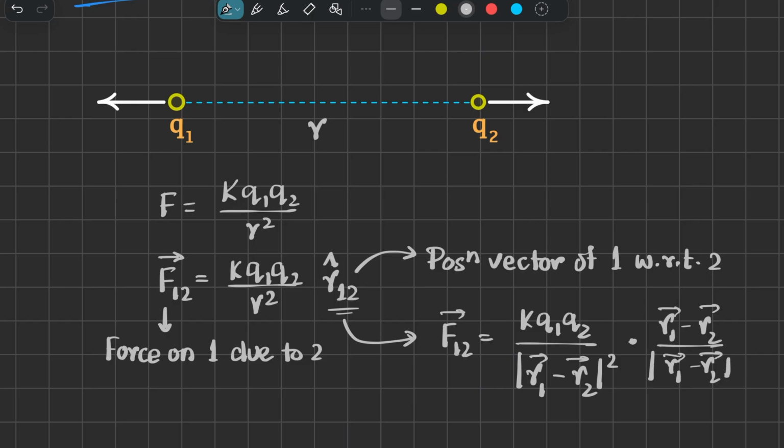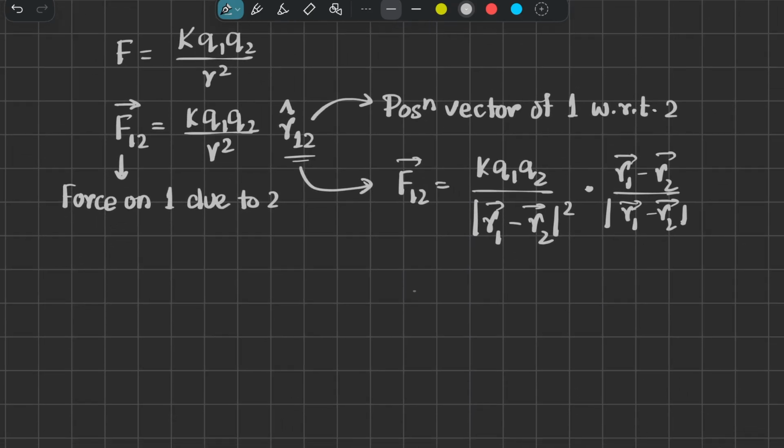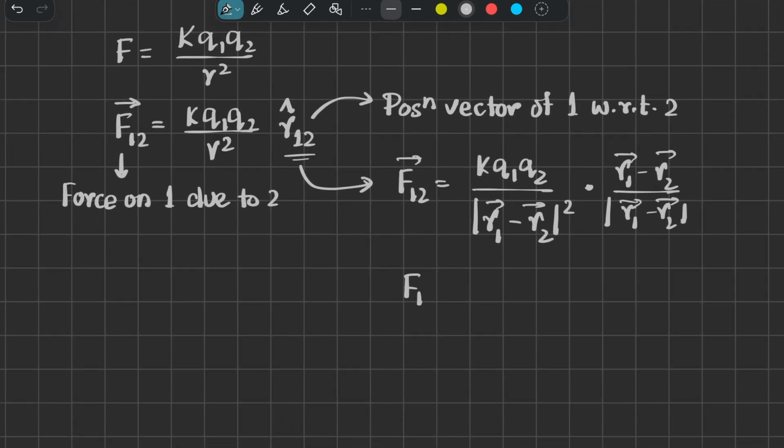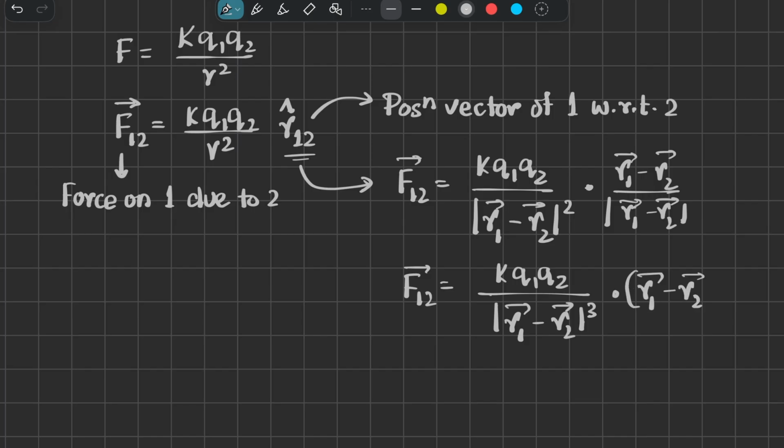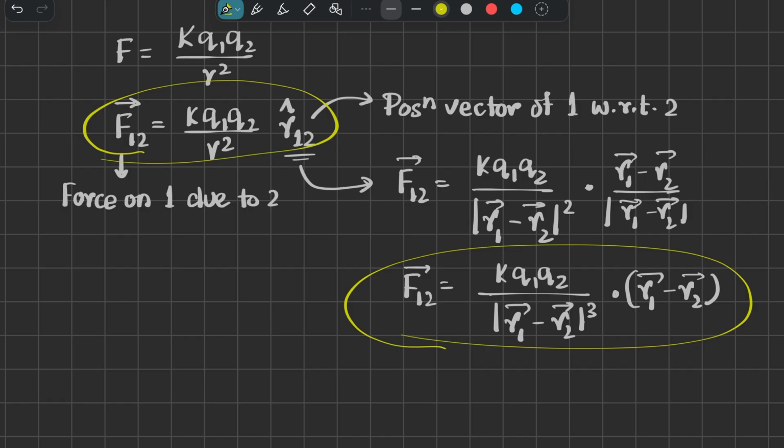So the final expression will come to be like this: F12 is K q1 q2 by |R1 vector minus R2 vector| to the power cube into (R1 vector minus R2 vector). So both this one and this one can be written.